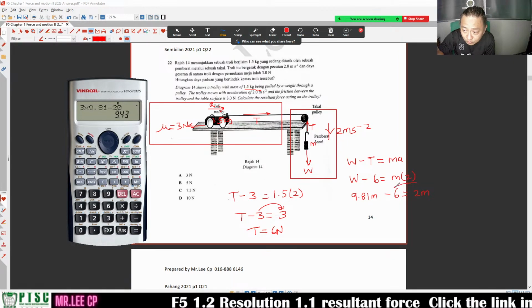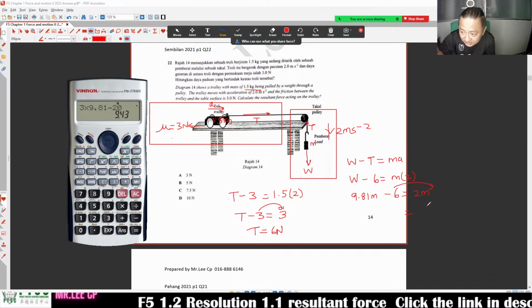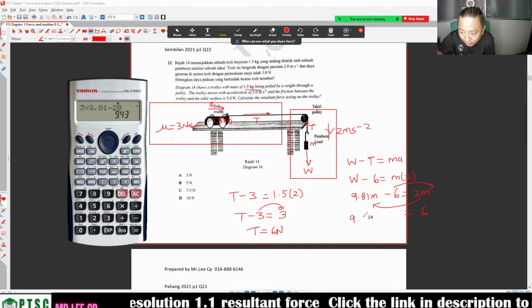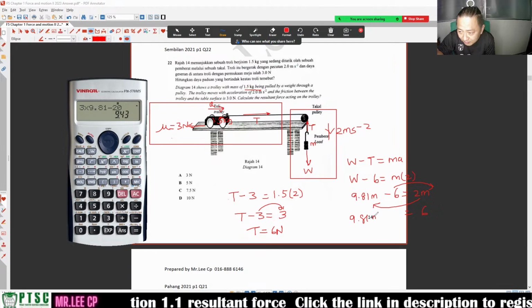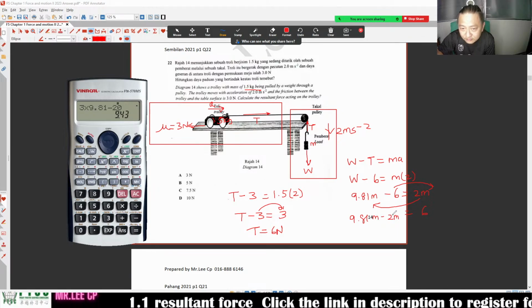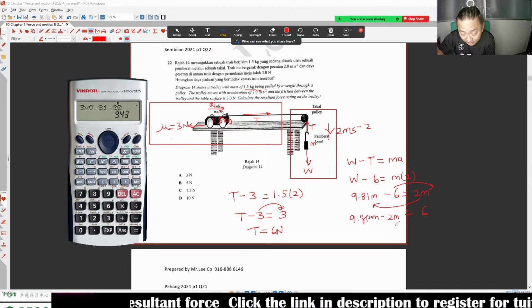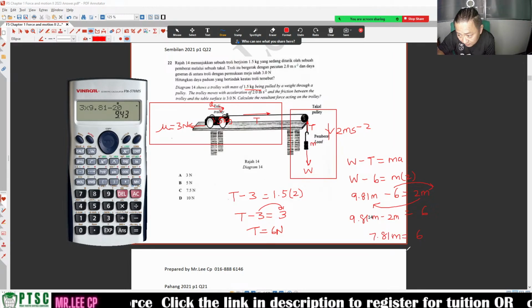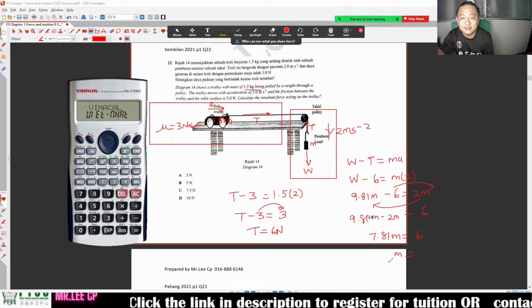I bring this one to here, it becomes positive 6. This one I bring to here, it becomes minus 9.81 M minus 2M. So 9.81 M minus 2M is 7.81 M. M, I got the mass.